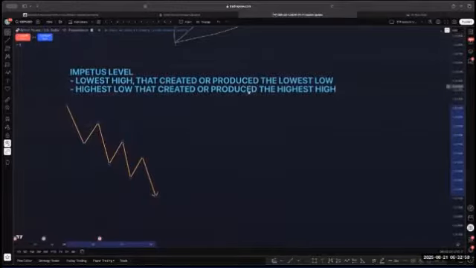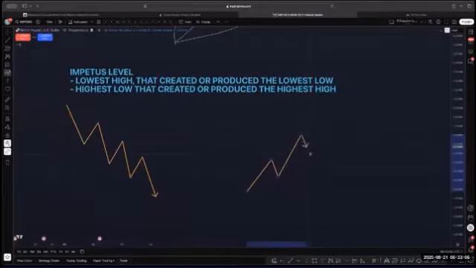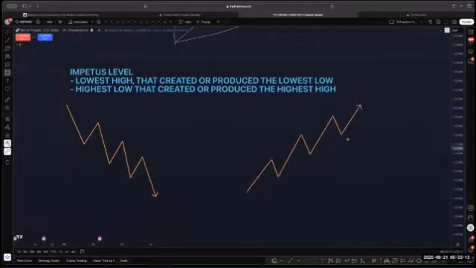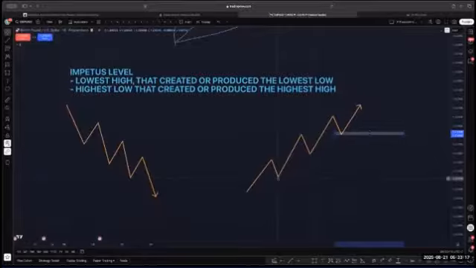The highest low that created or produced the highest high. So when we're coming this way, okay, our impetus level is going to be here. This is the highest low. So we have a low, higher low, higher low, highest low that created or produced the highest high.